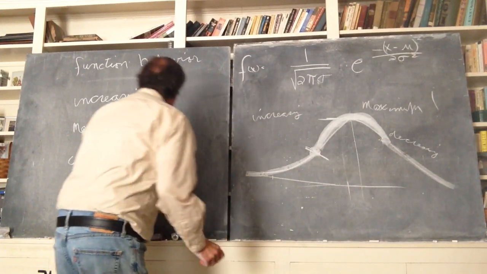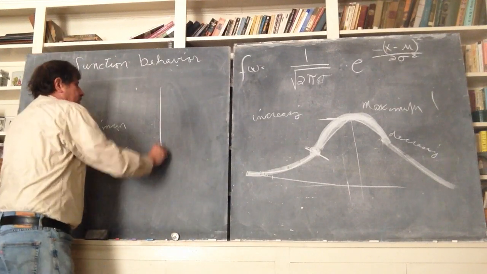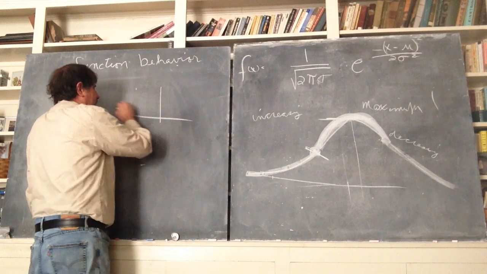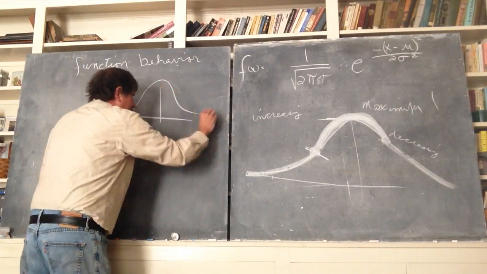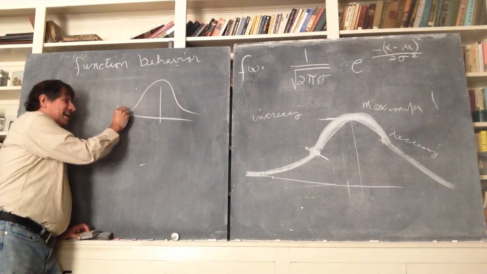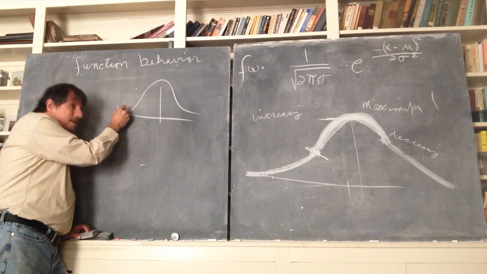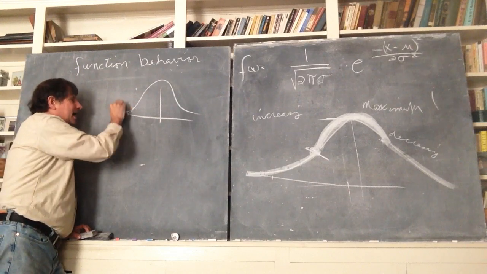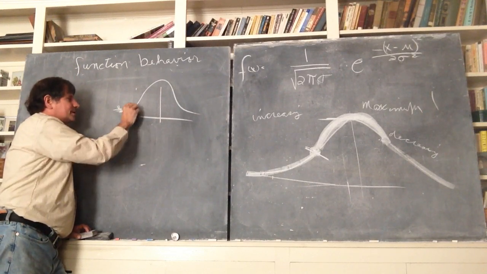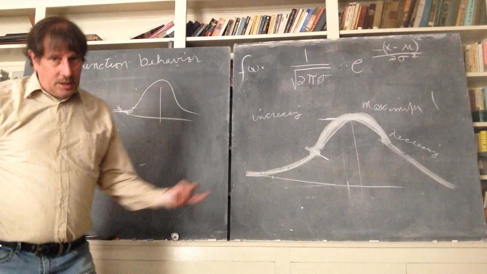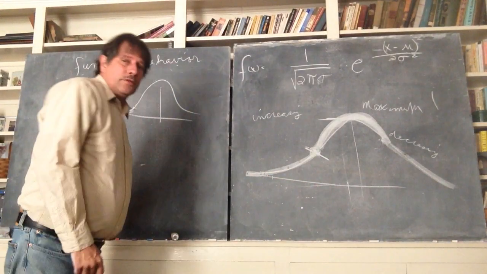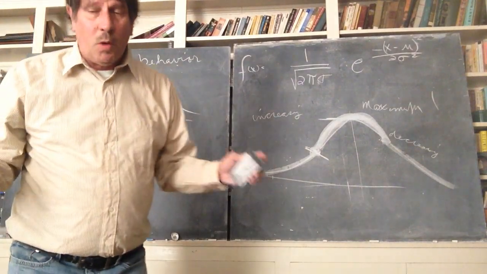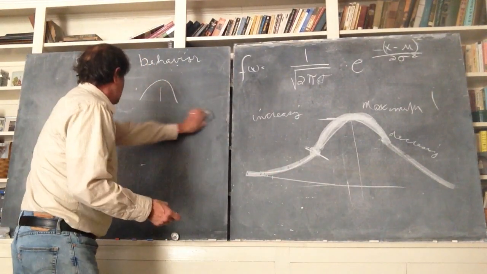By the way, people will sometimes draw a normal curve like this, and it's all fine and good, but that's not right, because that would be a minimum point, and there'd be inflection points right there, and the concavity would change. The normal curve actually is asymptotic. So that's it for behavior of functions. The rest is intuitive. If there's more you want to know, let me know.